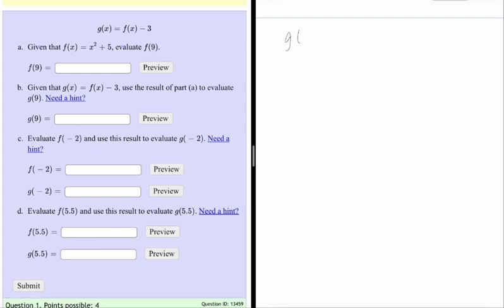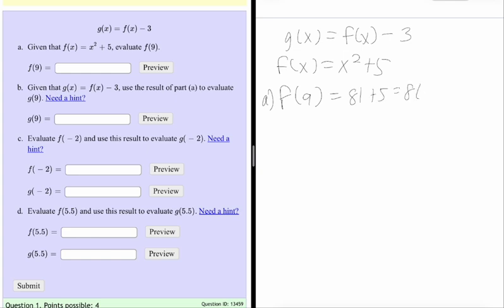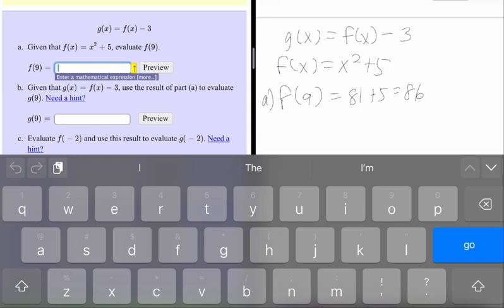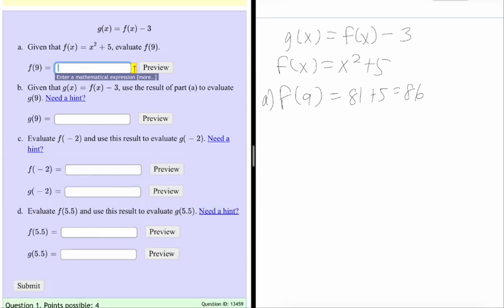Okay, so it says that g of x is f of x minus 3. So the first thing they said is my f of x is x squared plus 5. So what is f of 9? Well, f of 9, all you're going to do is plug in 9. 9 squared is 81. 81 plus 5 is 86. So that's what I'm going to put in my first spot there, that f of 9 is 86.